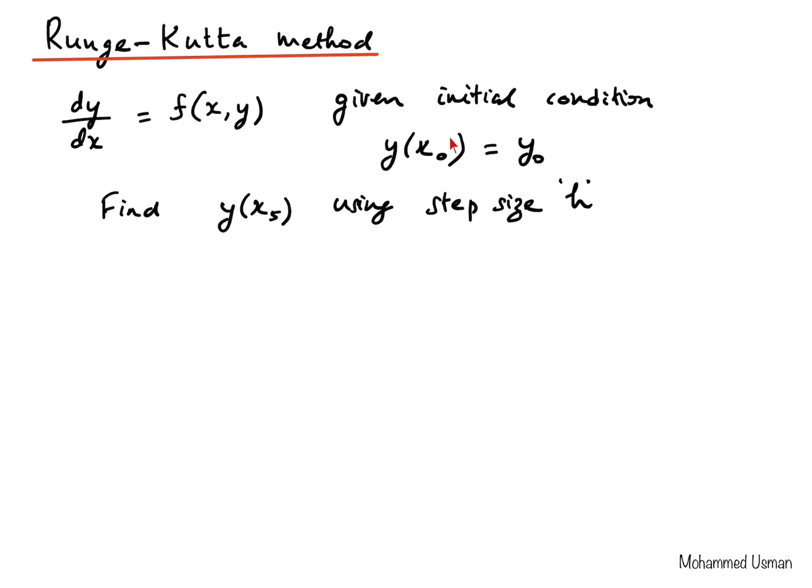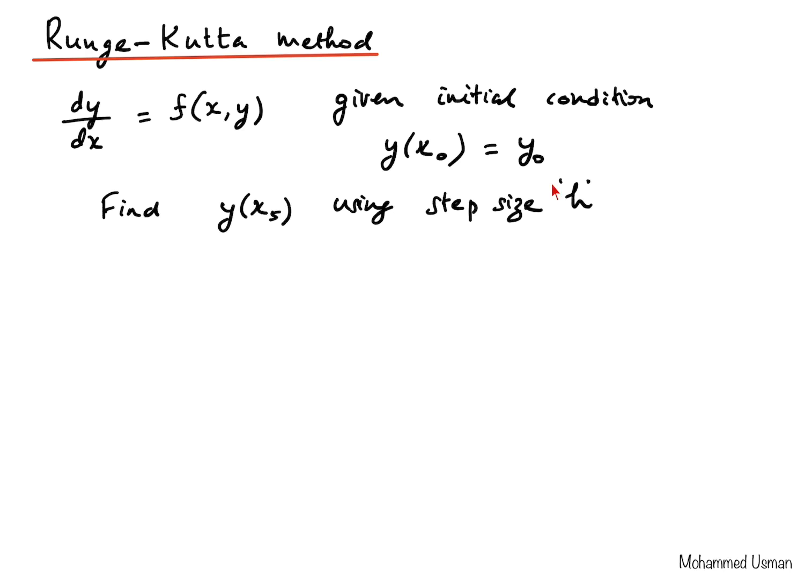So suppose x naught is 0 and x5 is 0.5 and h is 0.1. Then from 0 to 0.5 we have to take steps of 0.1. So we'll have to do 5 iterations. From 0 we'll go to 0.1, 0.2, 0.3, 0.4, 0.5. So that means it's going to take 5 iterations to go from 0 to 0.5, for example.